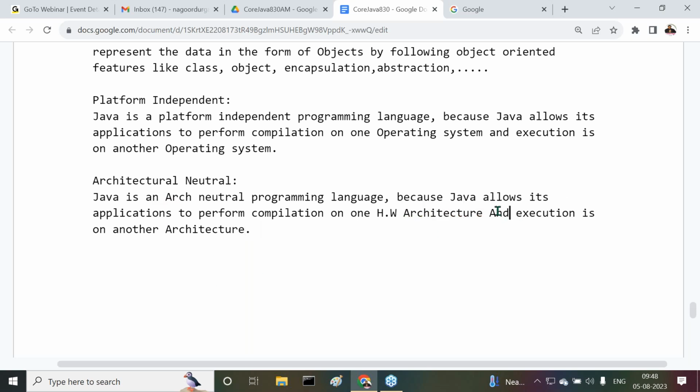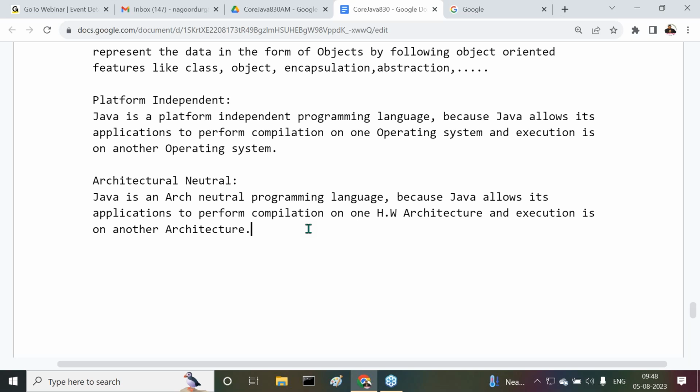Because of this reason, we can understand it as an architectural neutral programming language. Initially, this was a requirement. Nowadays we can understand that 3 billion devices run Java. 3 billion different devices run Java.